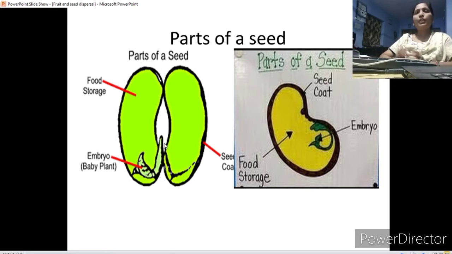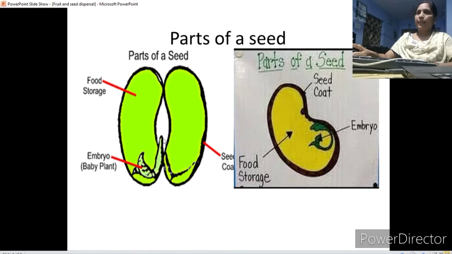Peas and so many other seeds, wherever you are able to see 2 cotyledons, all come under the dicotyledons. And wheat, bajra and mustard seeds cannot be opened into 2 parts, so they belong to monocots. The other function of the cotyledon is supplying food for the growing embryo. So where is the embryo present?